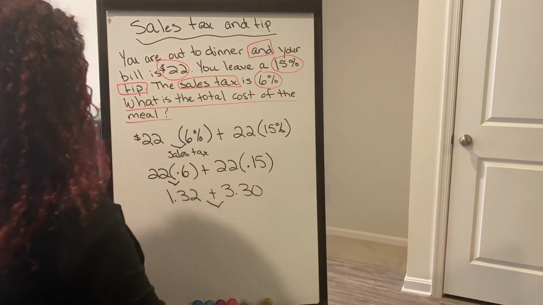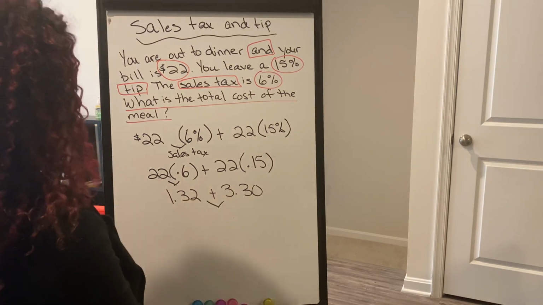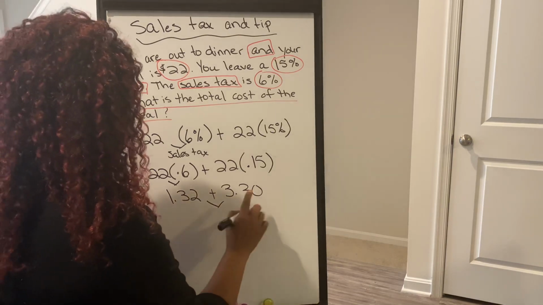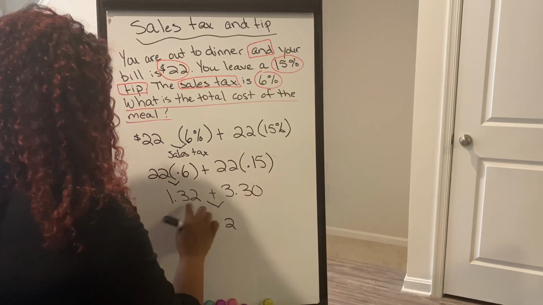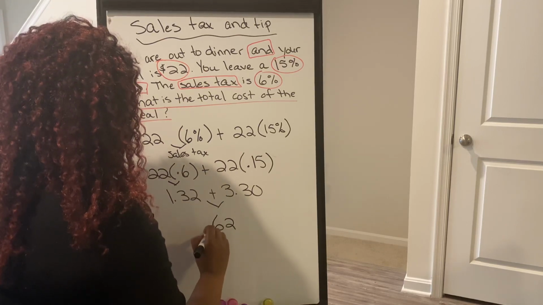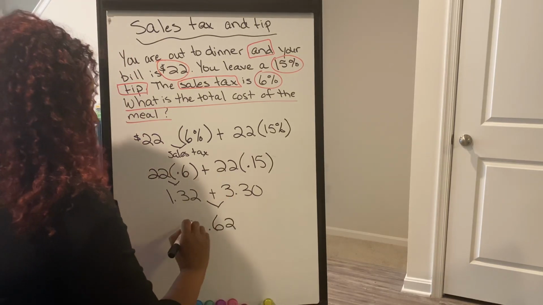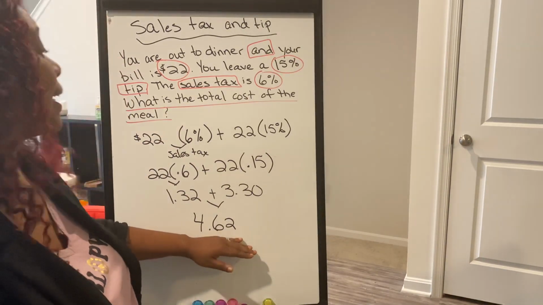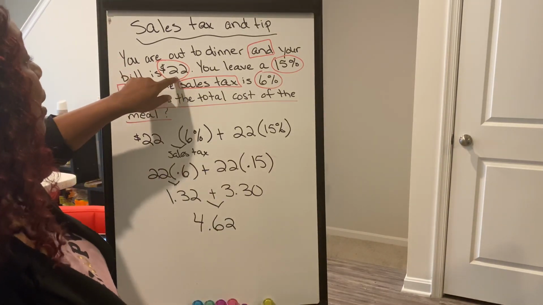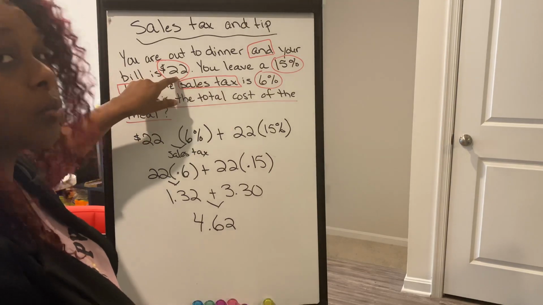So then I'm going to take this and add these two numbers together. We have 0 and 2, which is 2. We have 3 and 3, which is 6. And I keep my decimal. We have 3 and 1, which is 4. So I need to take this number and add it to the amount of what my bill was.